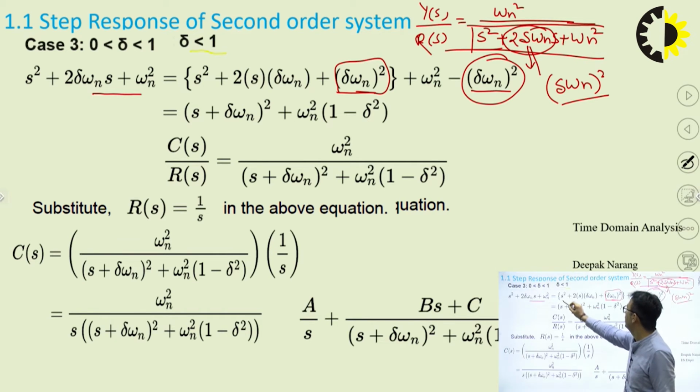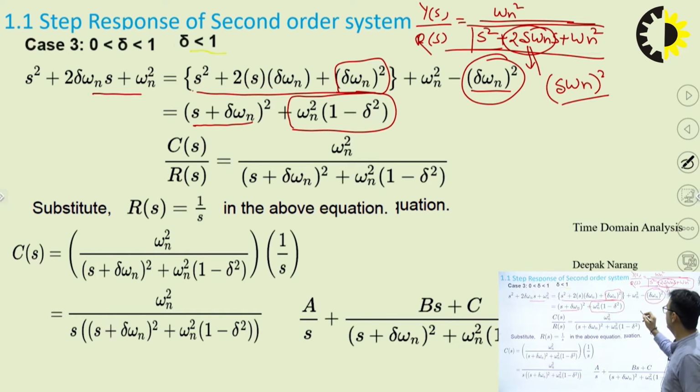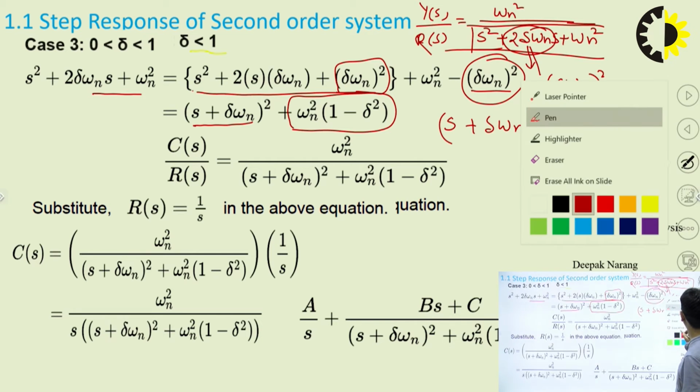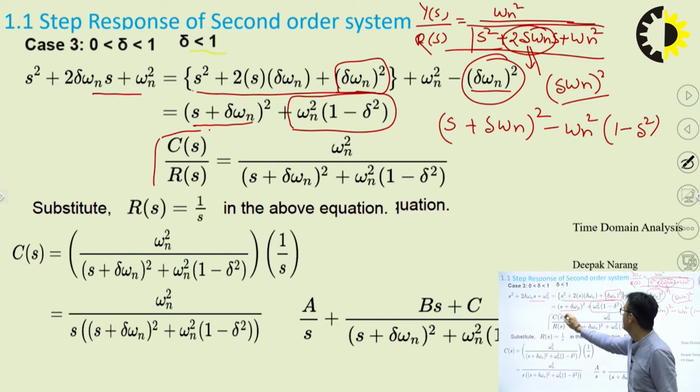So if we see, this becomes a perfect square, (s plus delta omega n) whole square, and here taking the omega n square common, this characteristic equation can be written as one minus delta square.